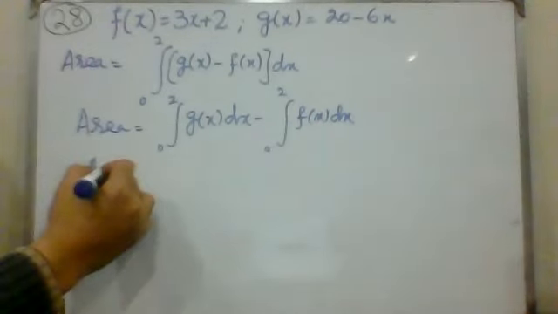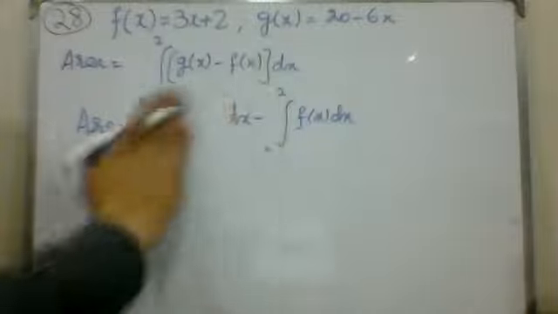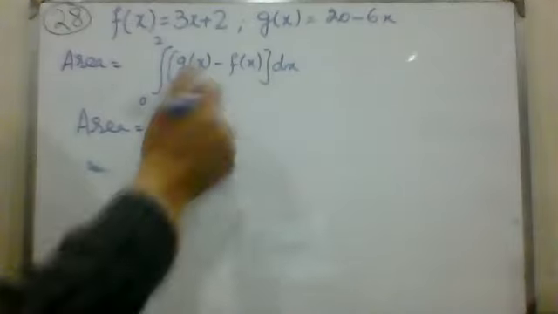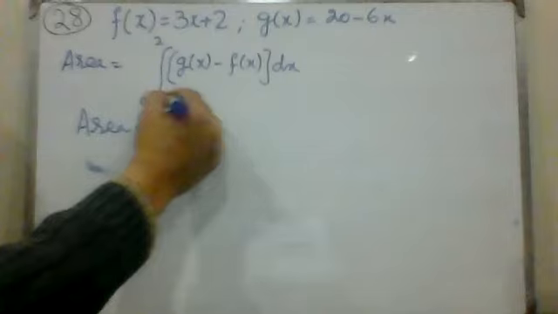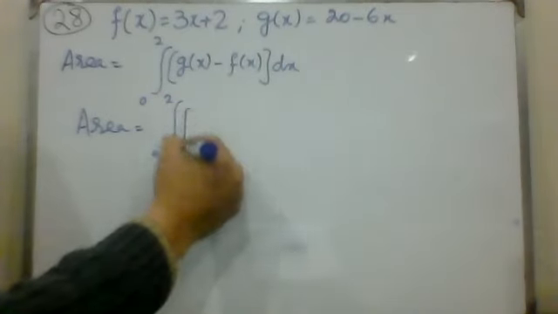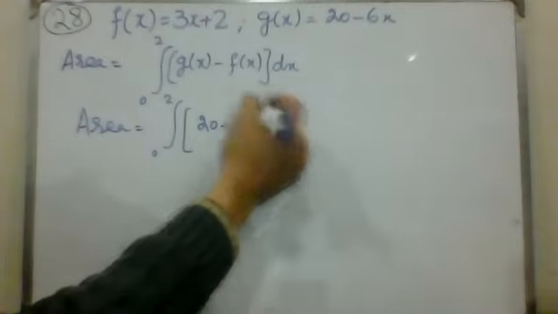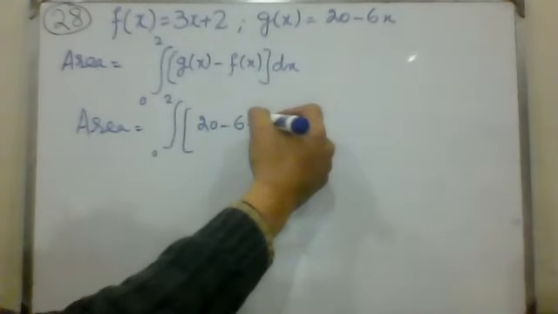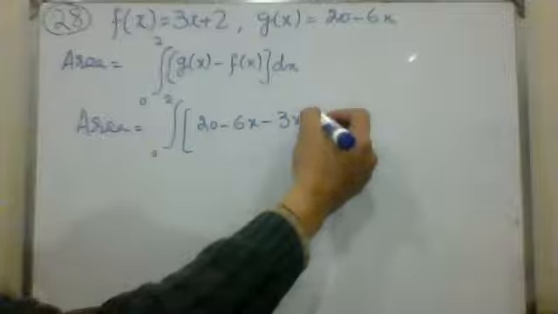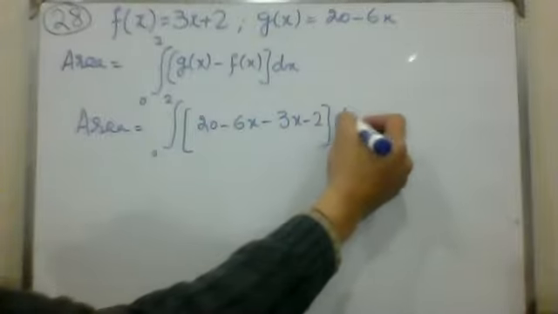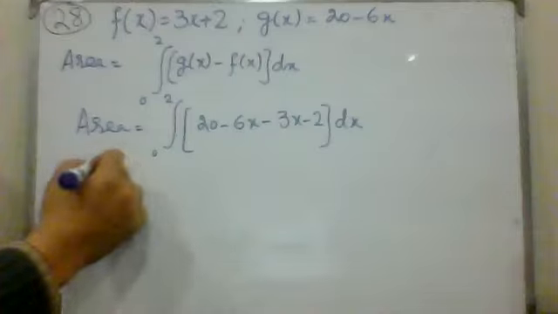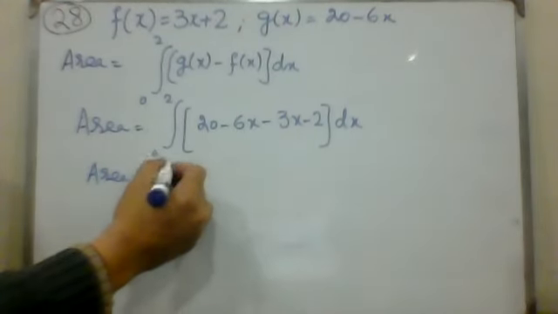Now, that step you can do separately, but first we put the value of the functions. From 0 to 2, g of x is 20 minus 6x, then minus f of x, so the sign changes, minus 2 minus 3x, dx. Now first solve, then integrate separately.